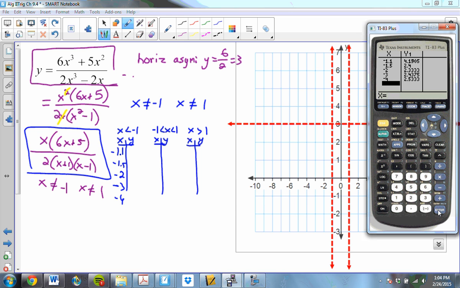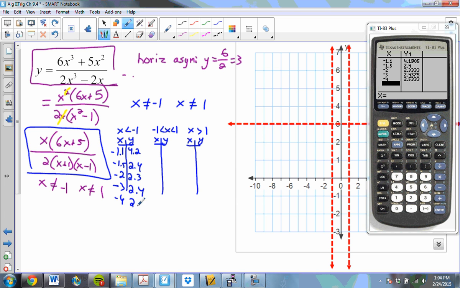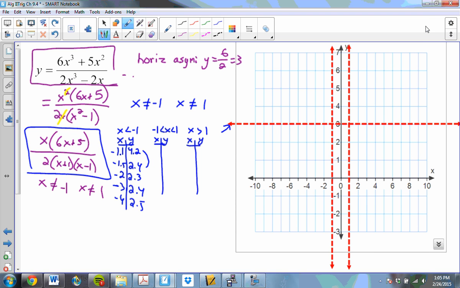I have 4.2, 2.4, 2.3, 2.4, 2.5. So they kind of go down and back up again. Now remember, this horizontal asymptote was at 3, and here we're crossing over 3. This graph is actually going to cross the asymptote.